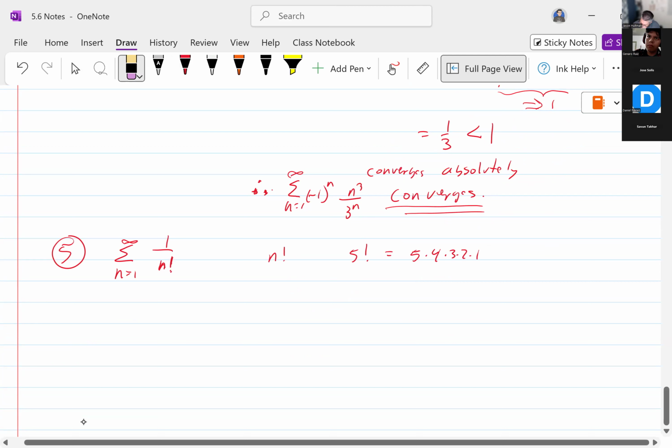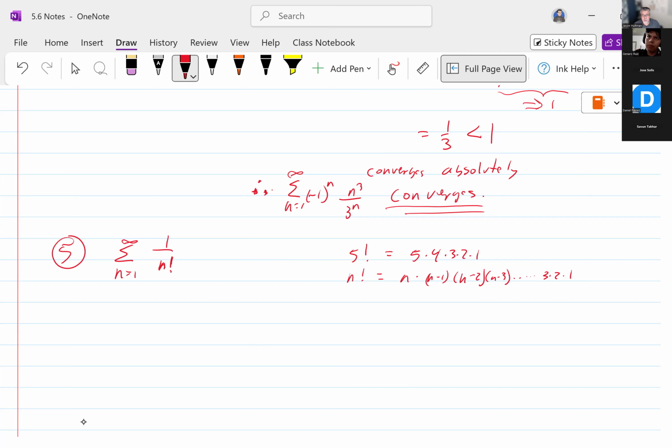N factorial is n times n minus 1 times n minus 2 times n minus 3 all the way down to 3, 2, 1. We're just multiplying all those together. The ratio test works really well with factorials, and we're going to see why, because when we do the ratio test with factorials, a bunch of stuff cancels out.